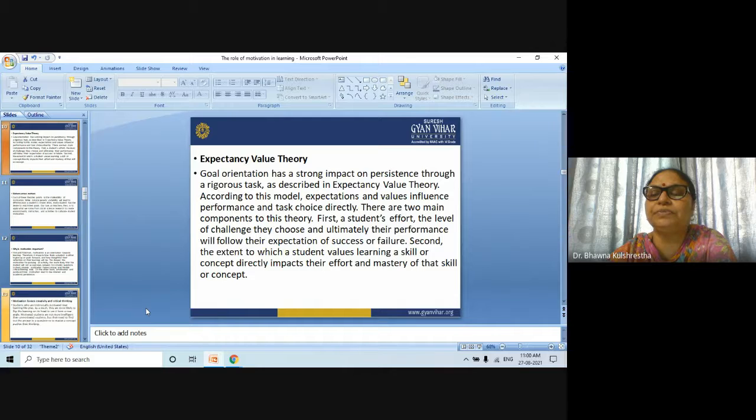Students experience flow during mastery oriented tasks. This state is accompanied by a lessening of self conscious thoughts and feelings.